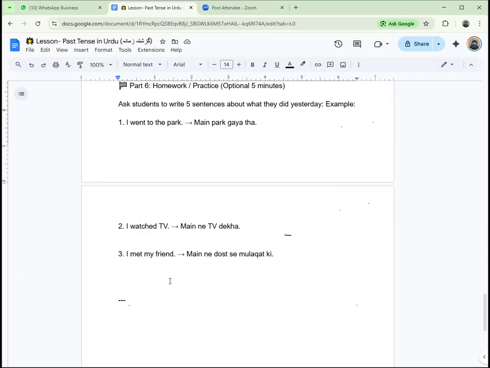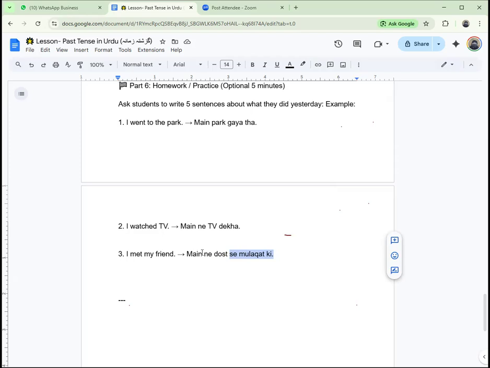So here the rest of the sentence remains the same because the object dost remains the same.